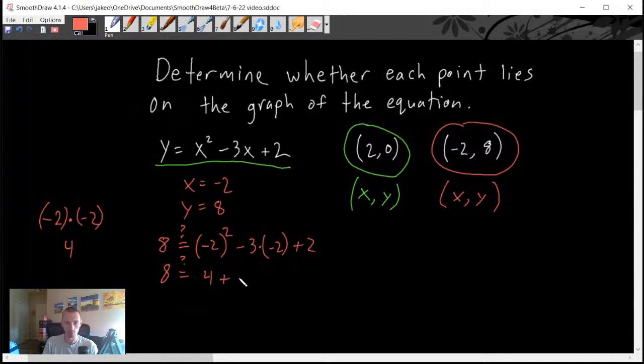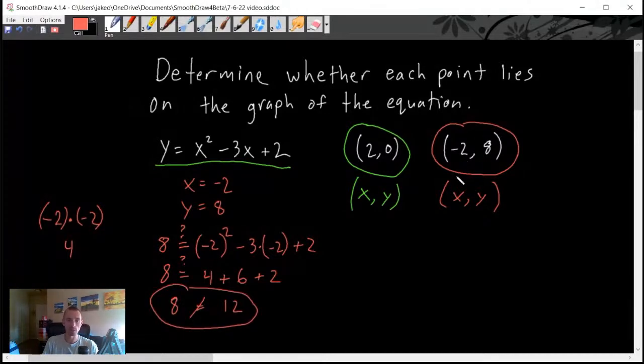So we're going to get 4 plus 6 and then plus 2. So 4 plus 6 is 10, plus 2 is 12. So we have 12 on the right side of our equation, 8 on the left side. So these two things are not equal. That tells us that the point (-2, 8) is not on the graph of this equation.